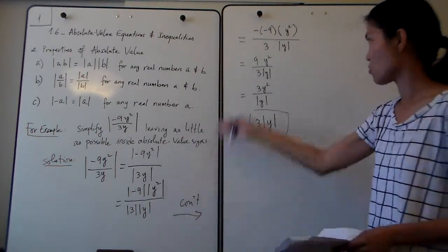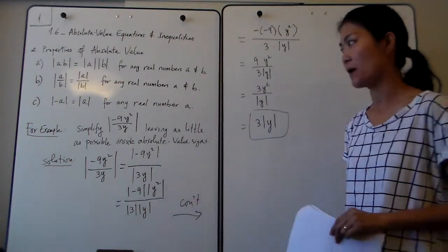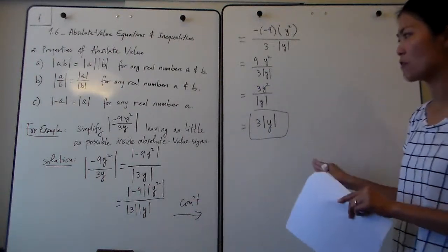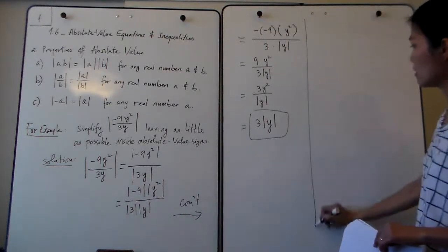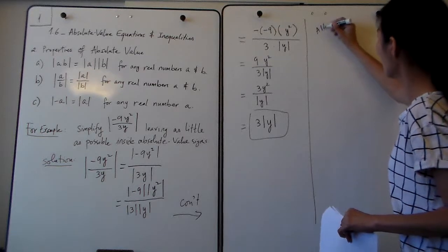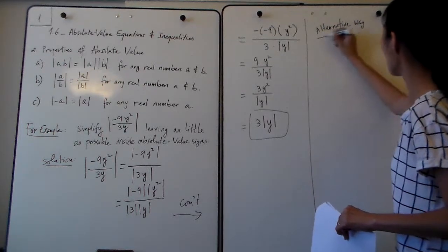Now, this is one way to solve this problem. I just want to show you because you may try this way, but if I work on this one, I probably would approach it differently. So let me show you the alternate way. Okay.